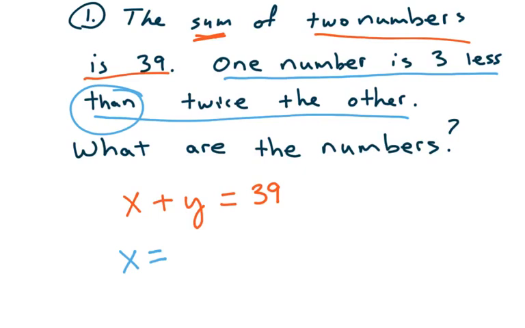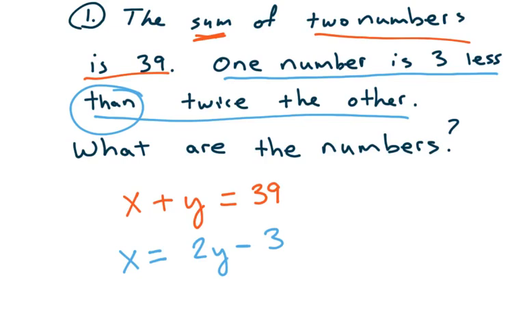We're going to say 3 less than twice the other. Twice is 2 times something, less the other. What number is 3 less than twice the other? So x, one of the numbers, equals 3 less than twice the other. That twice the other is 2y, minus 3. What are the numbers? So these are my two equations.